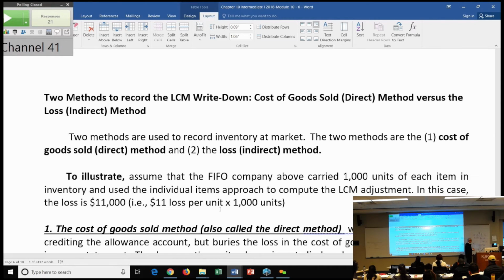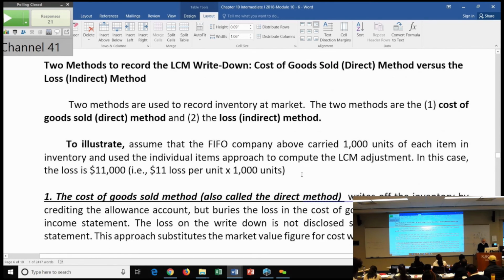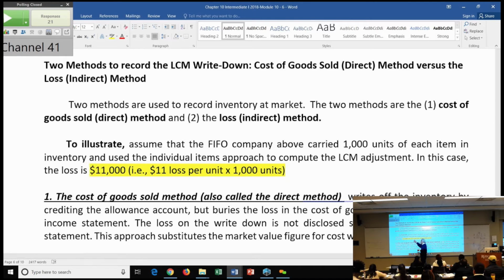So we could use an allowance for all of them, but the allowance is probably going to be more useful with respect to product lines and aggregate inventory. So let's take an example. Let's go back to the FIFO company, and let's assume they had 1,000 units of each product, and let's say the loss was 1,000.